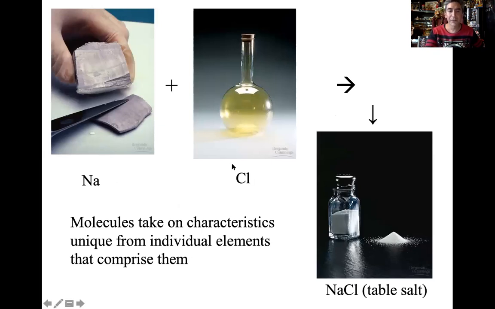Right? Sodium and chlorine remind me of humans. Maybe you know people like this, that this individual is just toxic, right? They're toxic, and they need to fix themselves. They need to work on themselves before they go into a relationship, because if they bring that toxicity into a relationship, they're not going to do well, right?